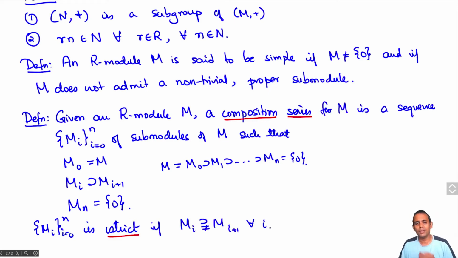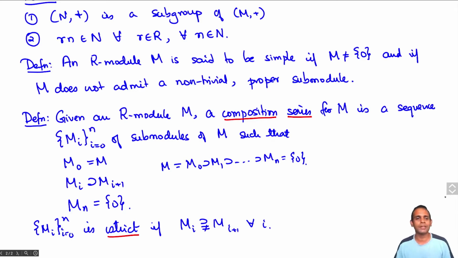We often don't want to be distracted by composition series where terms just repeat, and so we will use strict in that case. And sometimes we want the flexibility of allowing composition series where terms do repeat, in which case we will not insist on strict.